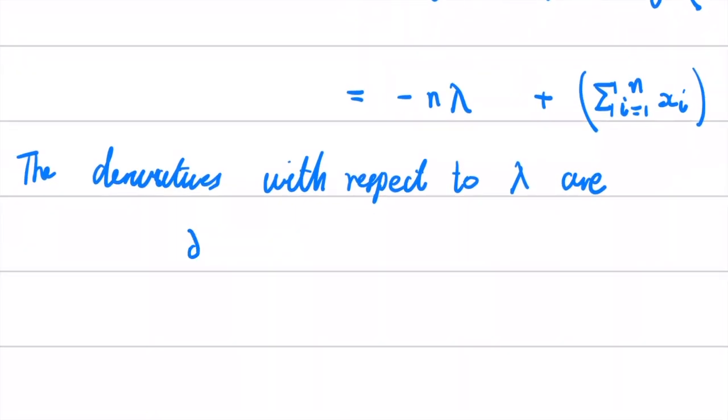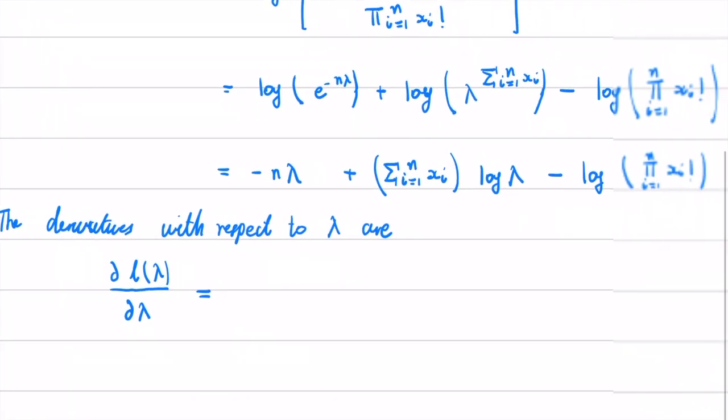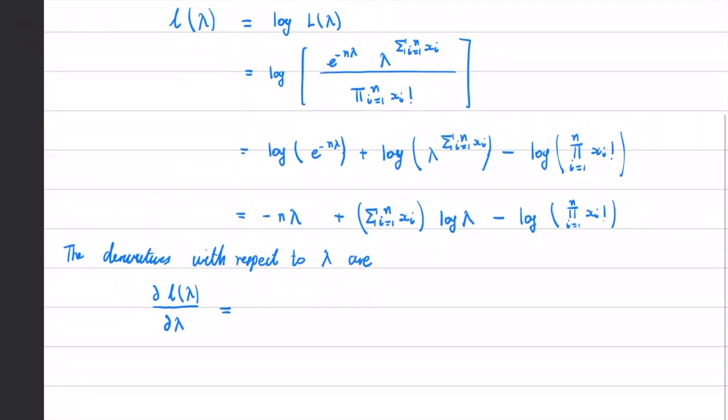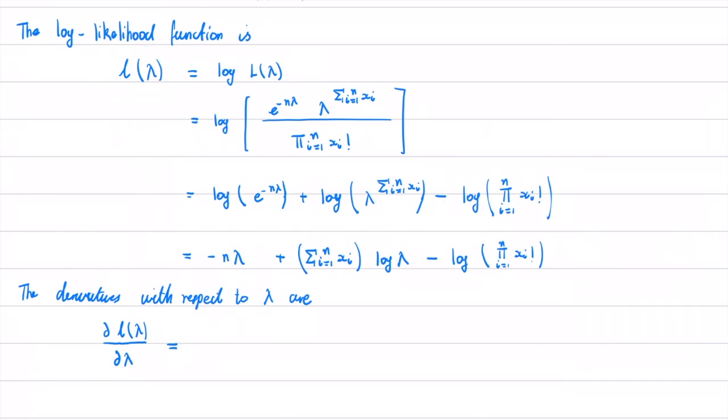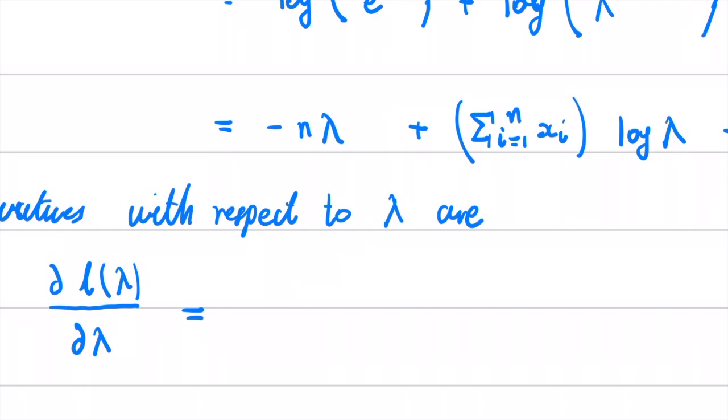So we've got the delta log of the likelihood over delta lambda. So now we're just differentiating. We've found the log likelihood, and we're going to differentiate this expression here. The differential of negative n lambda just becomes negative n.